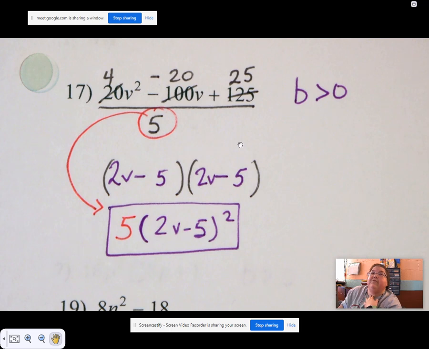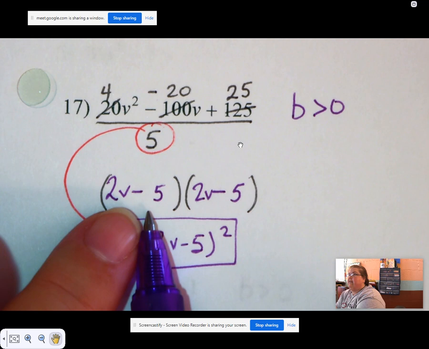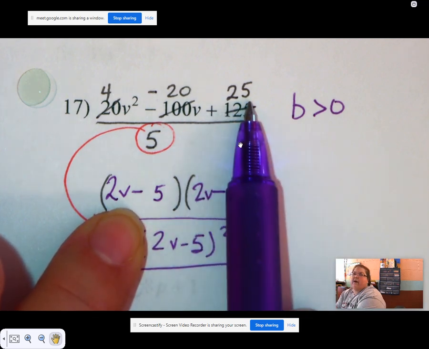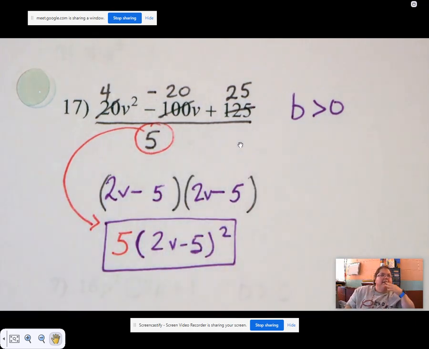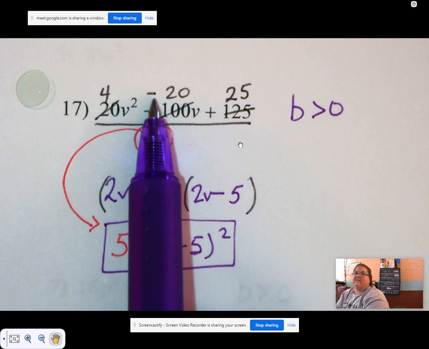Can I explain to you why they're negative? Because when I multiply numbers, negative 5 times negative 5, I get a positive 25, right? But remember, the sum is adding. So when I add them, they have to be the same sign as this when I add them together.